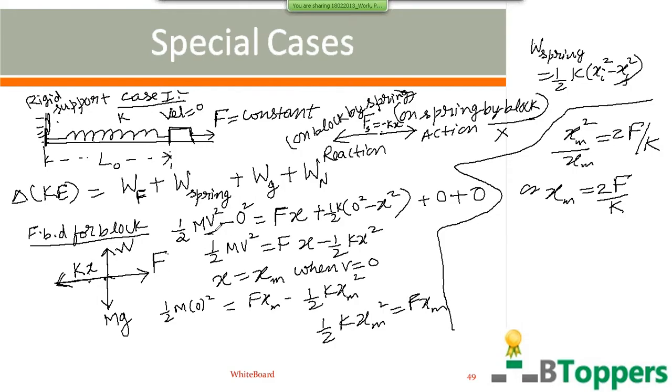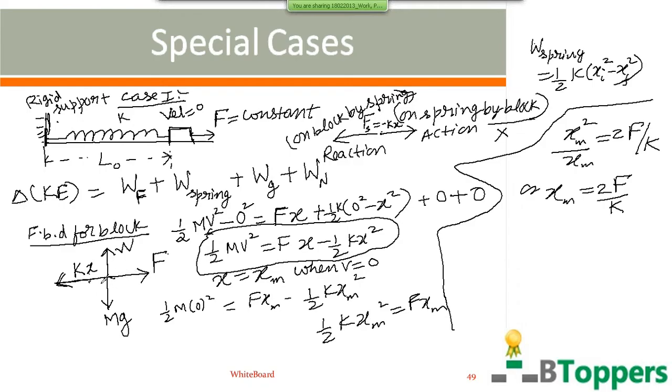Or alternately, you can also use the calculus method, MPC students. v square is maximum when d by dx of v square is 0. That we can also do. But here, as I explained, you can do it without calculus also.